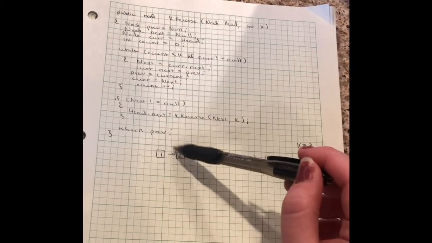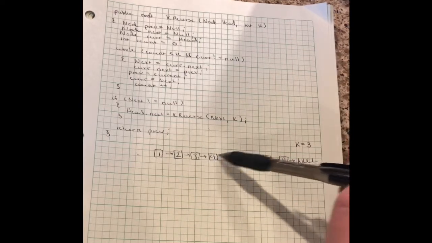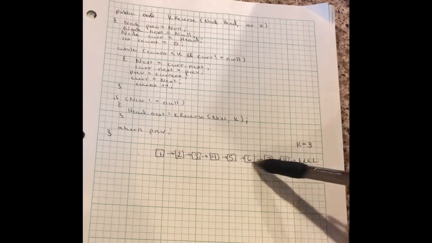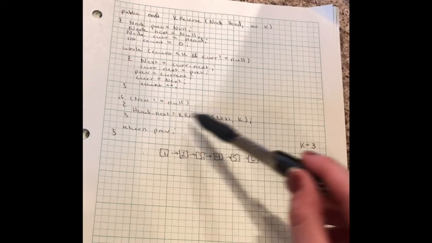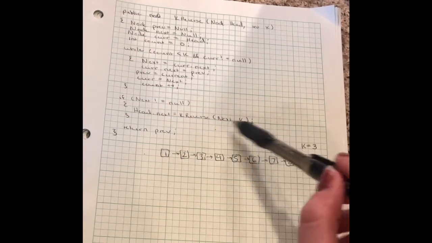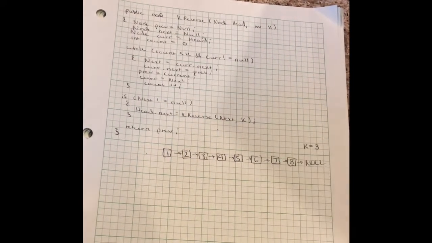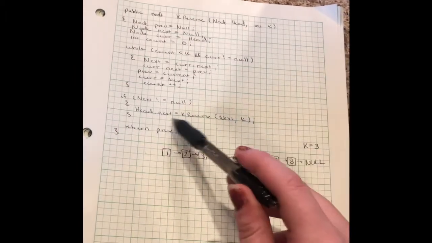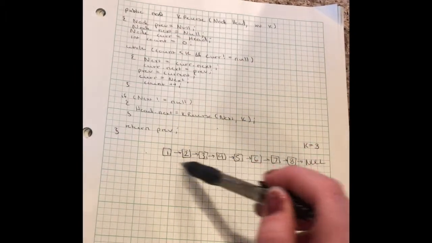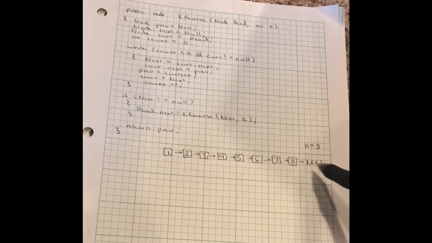For each subsequent remaining nodes in the linked list, we're going to be calling a recursive function to be repeating the process until we've gone down the length of the linked list.